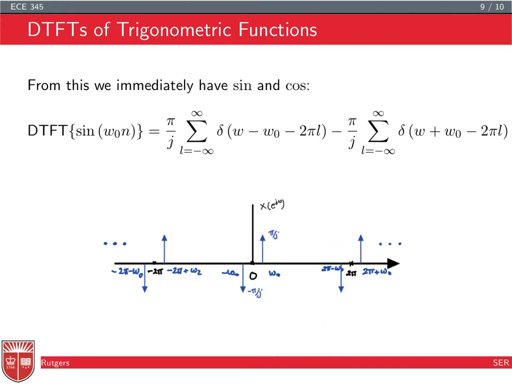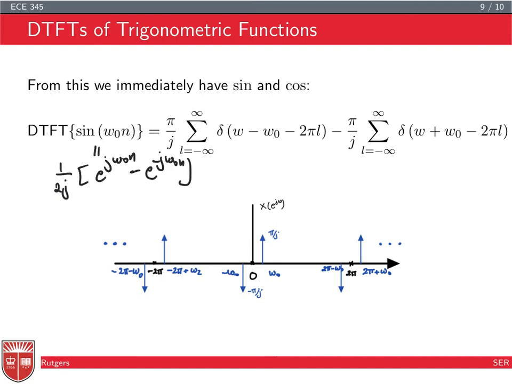Now the DTFT of the sine function works the same way. I'm going to do it really fast here. We know that the sine function is 1 over 2j times e^(j omega 0 n) minus e^(minus j omega 0 n).